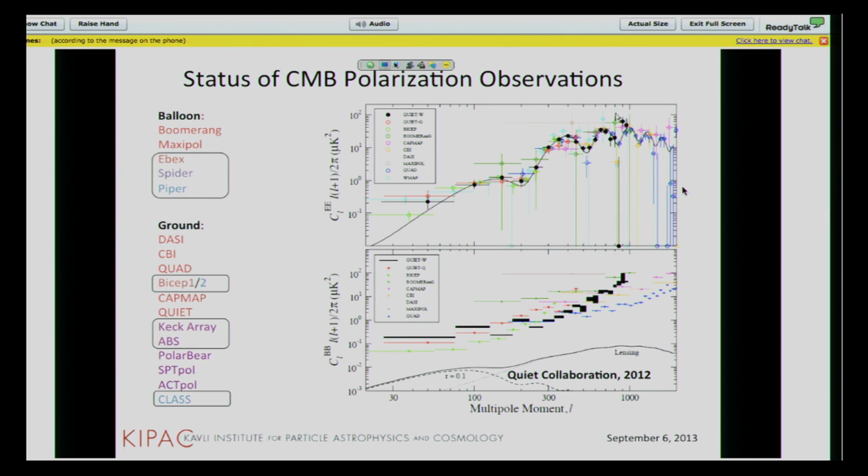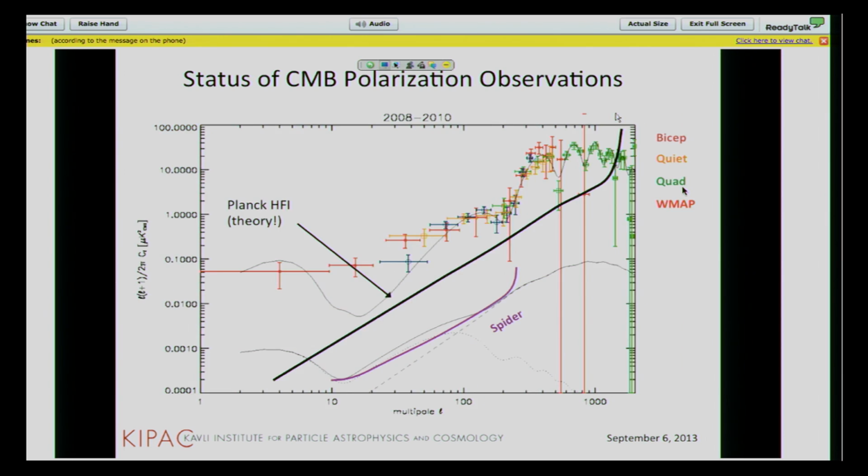SPIDER and PIPER, on the other hand, are fundamentally large-scale machines with an angular resolution that is about half a degree. On the ground, there's BICEP 1 and 2 and now 3 coming online, as well as the Keck Array and ABS, the Atacama B-mode Search, and CLASS, the Hopkins experiment, also from the high plateau.